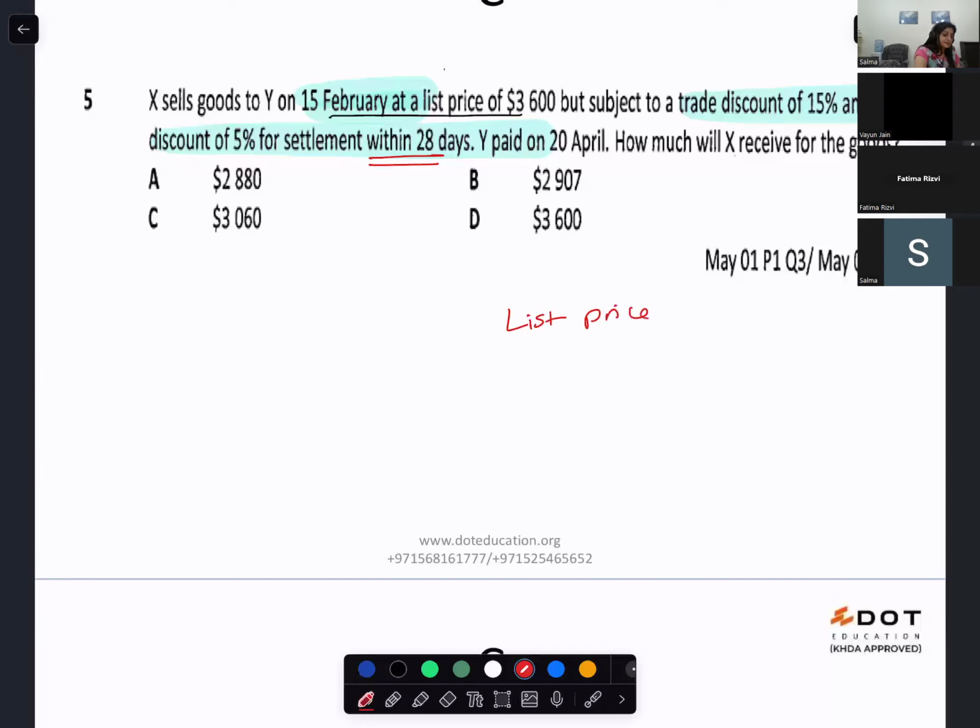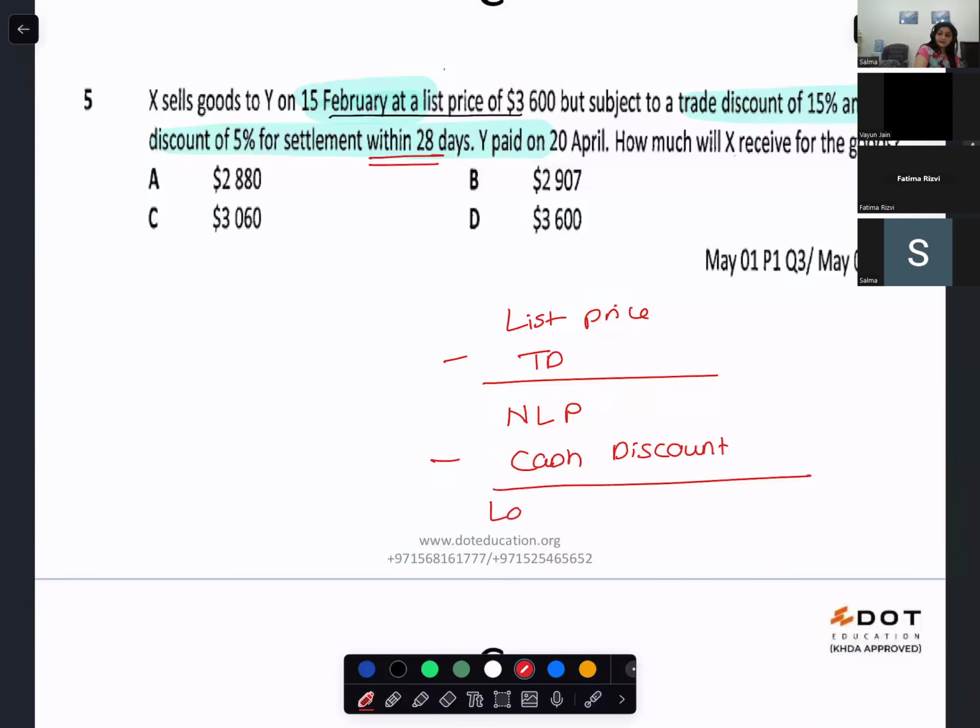List price minus trade discount, you get net list price, minus cash discount, and you'll get your lowest amount you pay. Okay, fine.